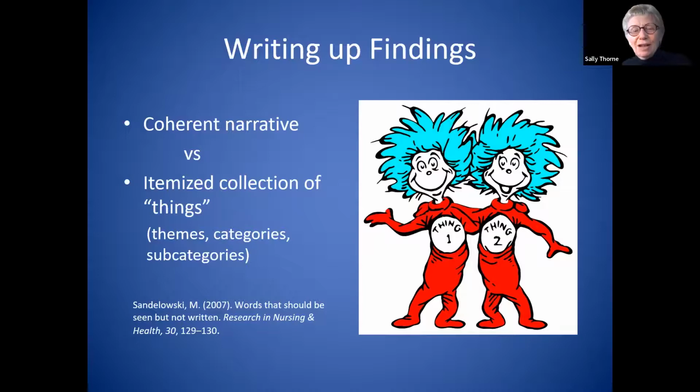The findings should not be an itemized collection of things, 5 themes, 10 categories, and they instead should take the form of a structure that allows us to build a coherent narrative that represents what we have found in a way that the idea can be built up by the audience, whether they're reading or listening to us, and understood in the most profound way possible. So there's a place we want to begin. There's things we need to say along the way, and then we get to the thing we're aiming at. Where does it end?